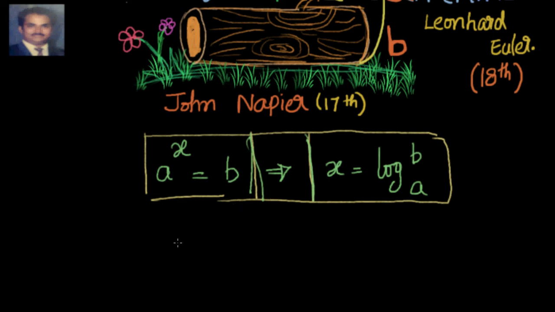Let us say that a equal to 10 and b equal to 100. Just remember, how we read this: x equal to logarithm of b to the base a. Here a is always 10 by default.